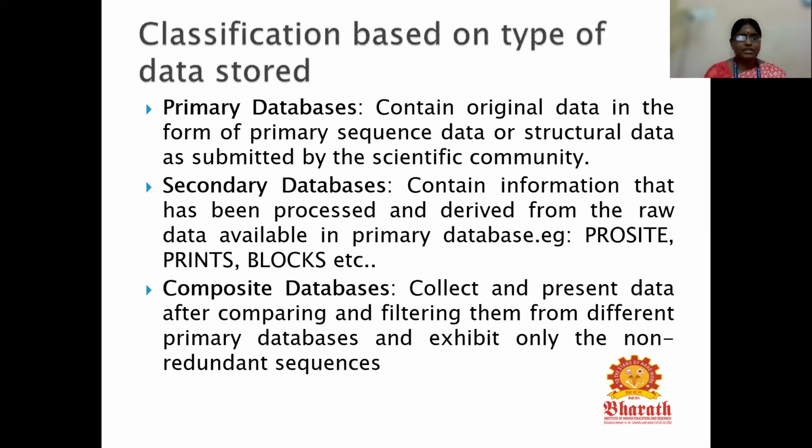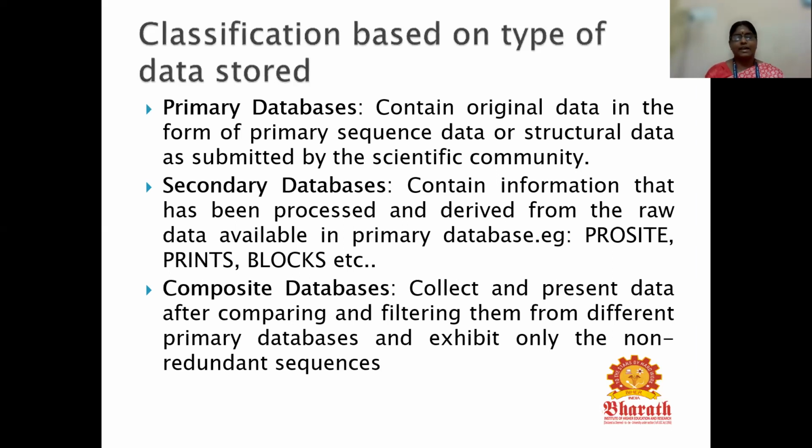And the third one is composite databases. It is completely different from primary and secondary databases. In composite databases, we collect and present data after comparing and filtering them from different primary databases and exhibit only the non-redundant sequences.